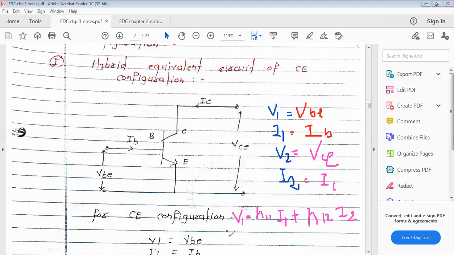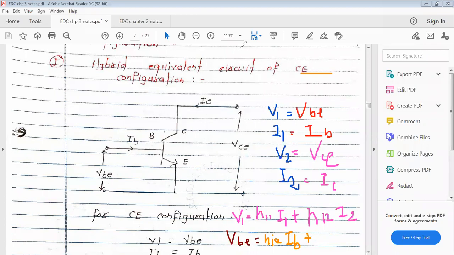So I write VBE is equal to H11, or we can replace it, H11 is nothing but our HI, but for the common emitter, so here it is HIE. What is I1? Here it is IB. So HIE into IB.